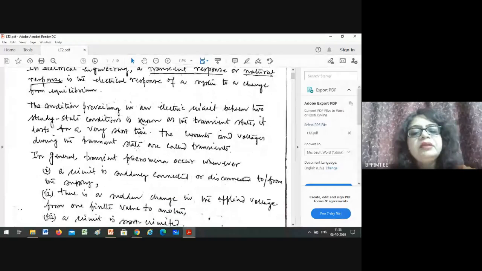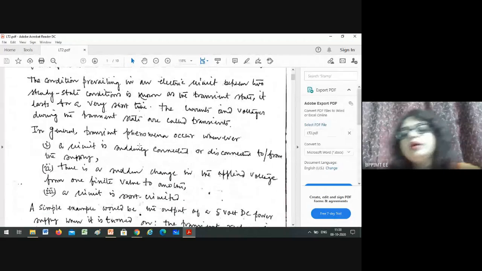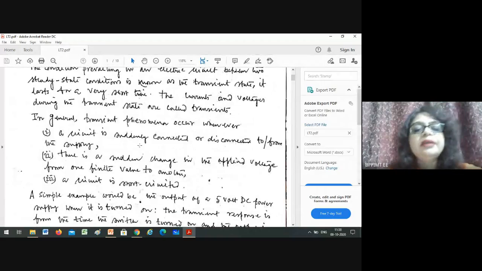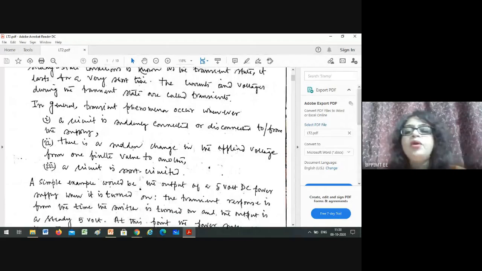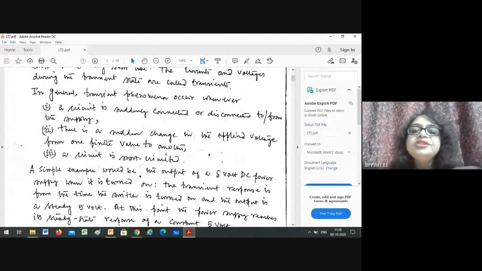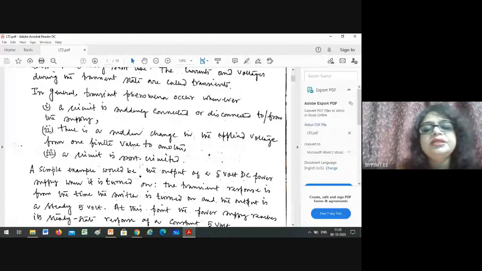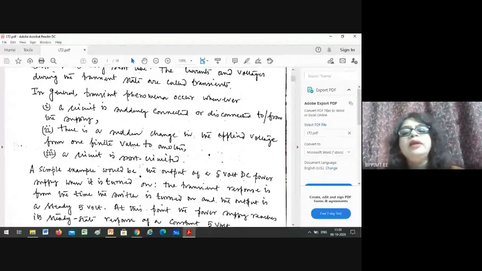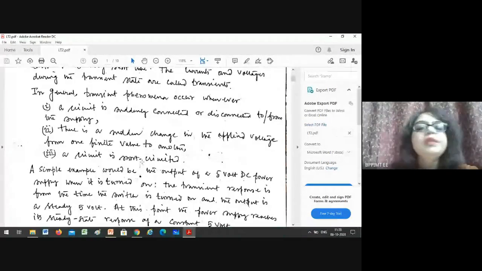In general, transient phenomena occur whenever a circuit is suddenly connected or disconnected to or from the supply. Okay, there is a sudden change in the applied voltage from one finite value to another. A circuit is short circuited. All these are conditions when the transient phenomena occur.